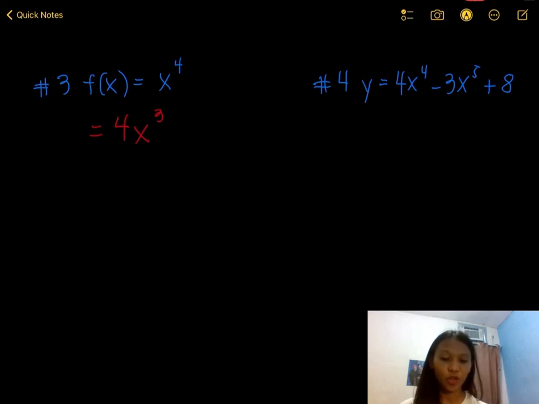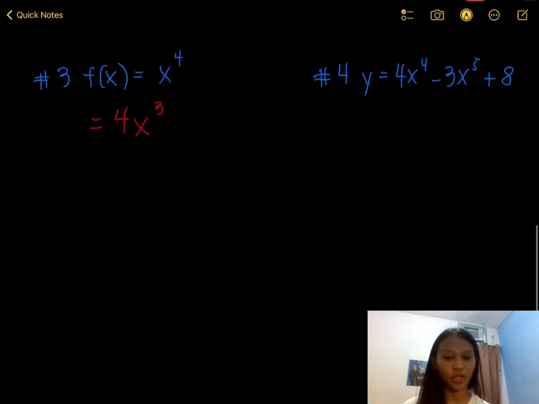For number 4, y is equal to 4x raised to 4 minus 3x raised to 5 plus 8. In order to solve this function, we have to derive each term. So let's start with 4x raised to the power of 4. Just like what I've done earlier, multiply the coefficient and the exponent.